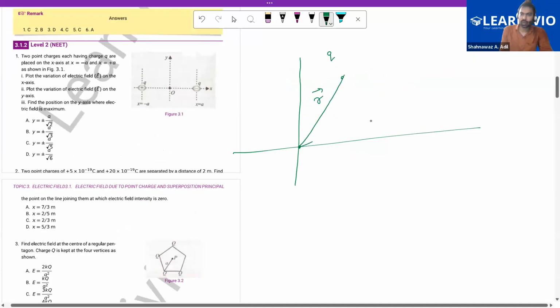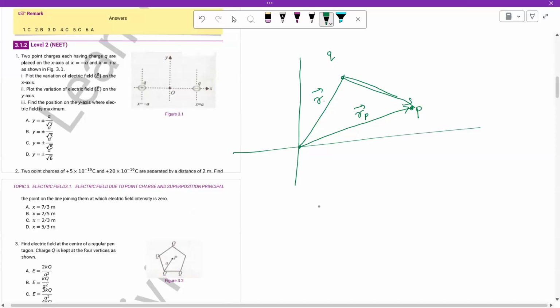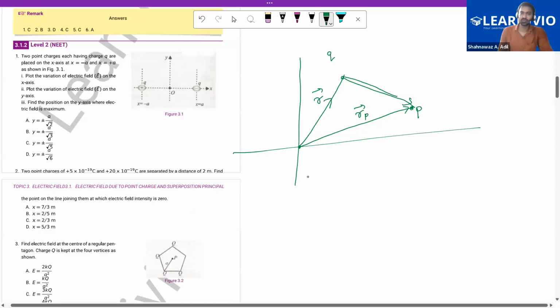And let's say you are calculating the electric field at this point P. So if I want to calculate the electric field, I need this distance, right? So what is the thing that you are seeing now? We have to take the distance from Q to P. So the vector QP we have to find out, right?